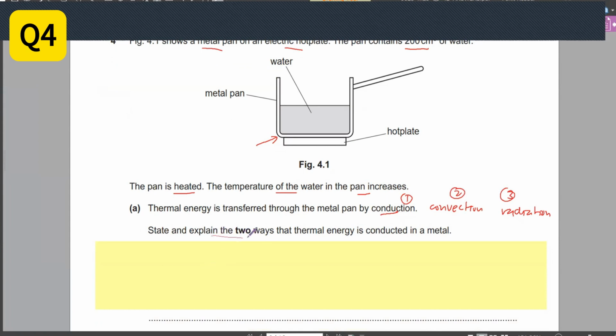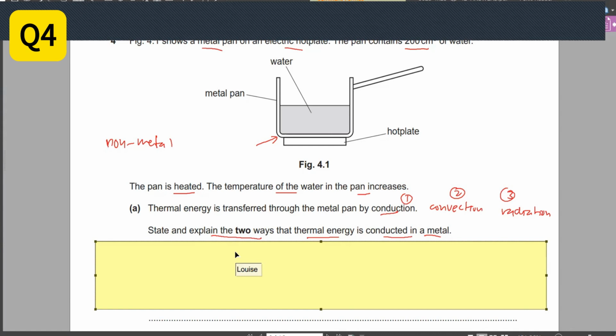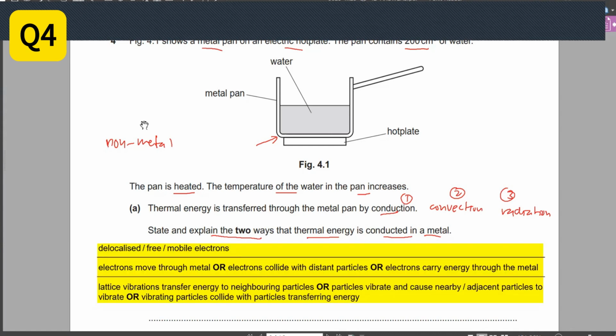When we have direct contact between solids, that will be through conduction. State and explain 2 ways that thermal energy is conducted in a metal. In a metal, we have 2 ways for the heat to transfer. For non-metal, we have 1 way only. So we're going to look at the 2 methods.